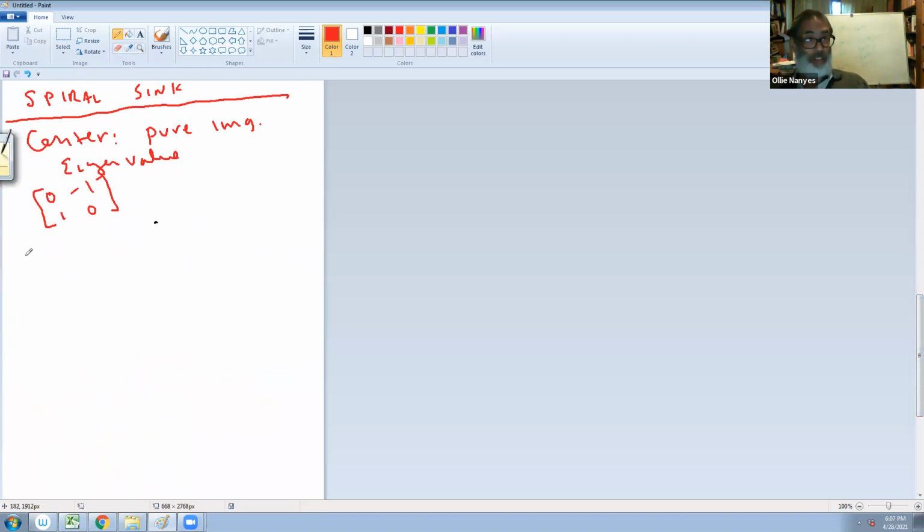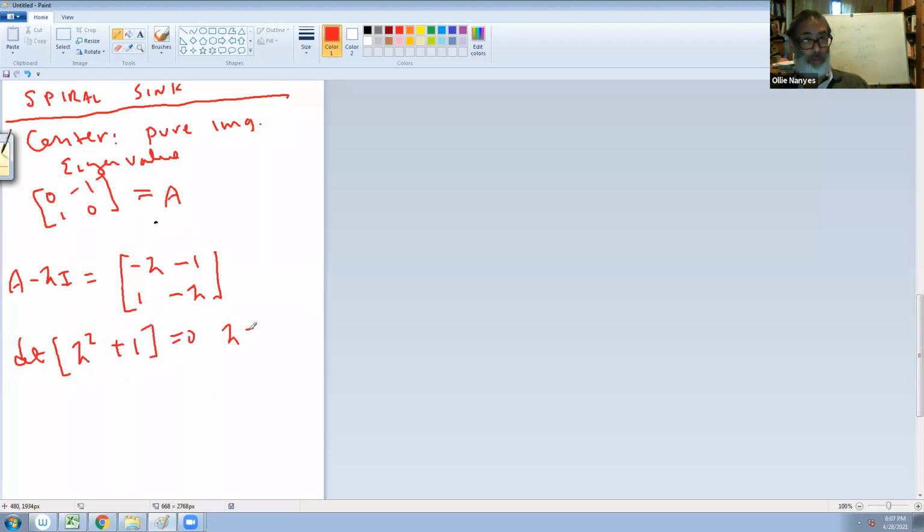Starting with this, if this is our A, then A minus lambda I is minus lambda, minus 1, 1, minus lambda. And the determinant is going to be lambda squared plus 1. So lambda is equal to plus or minus i.